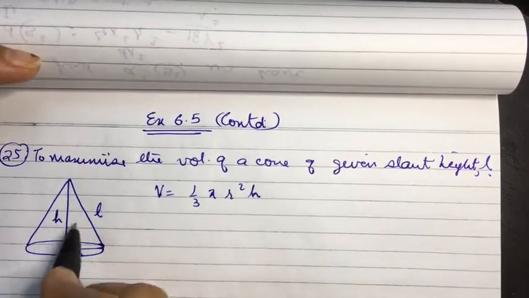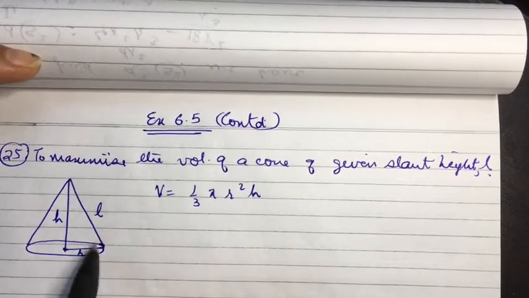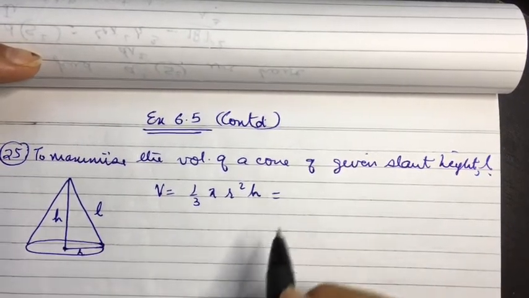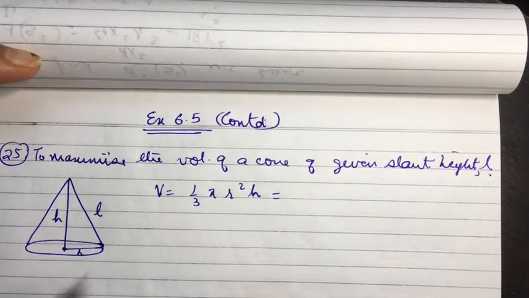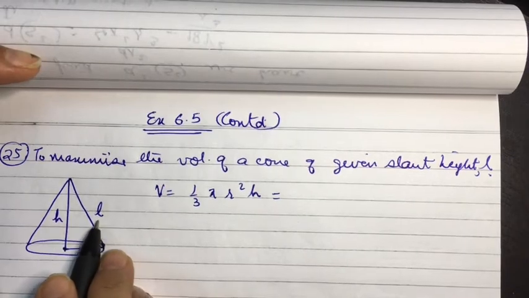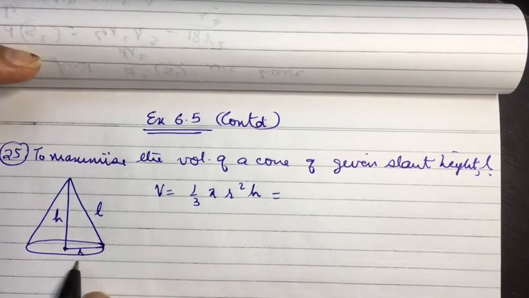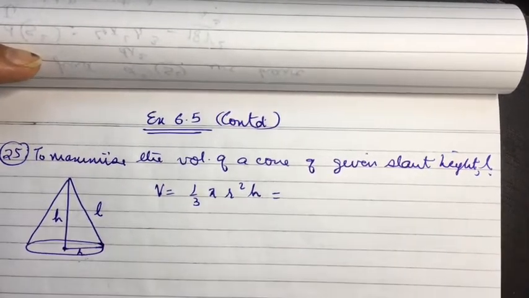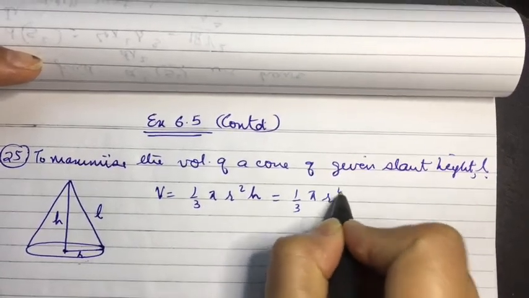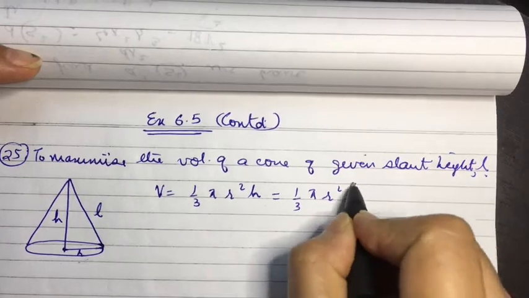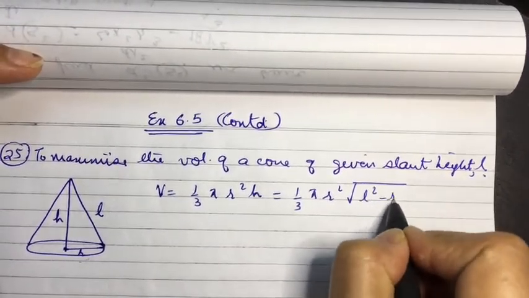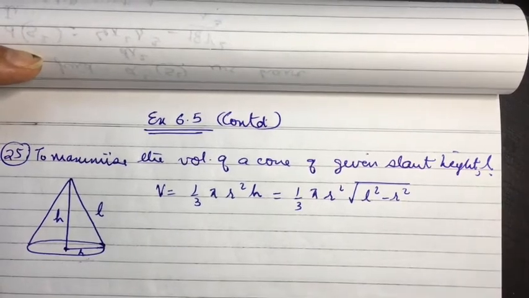So now clearly from this right angle triangle we have L is equal to under root of r square plus h square, or we have h square is equal to L square minus r square, and so we can write it as 1 by 3 pi r square. In place of h we will write under root of L square minus r square.